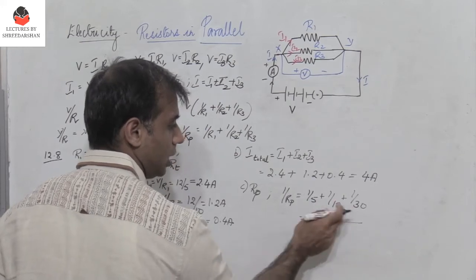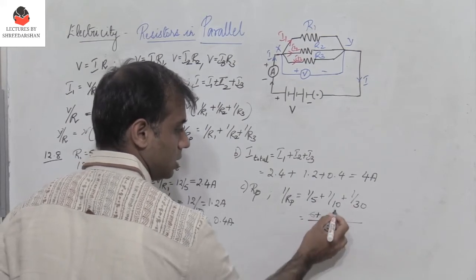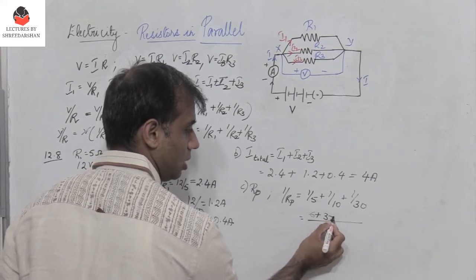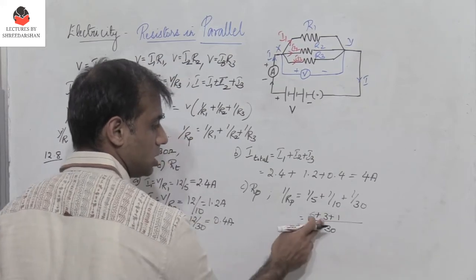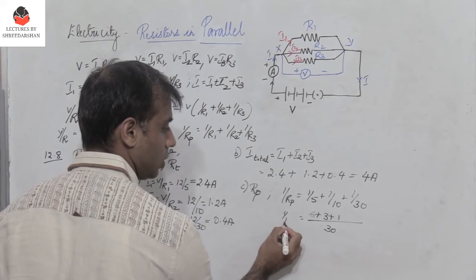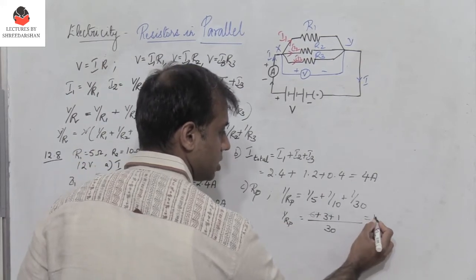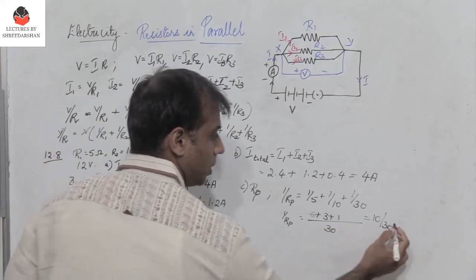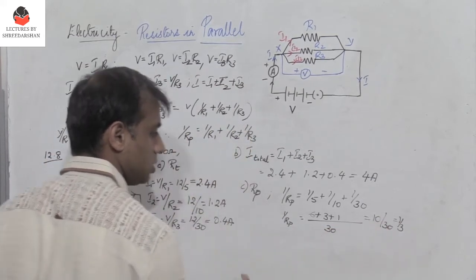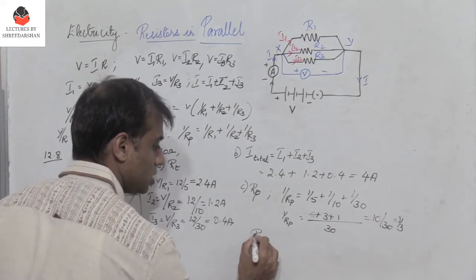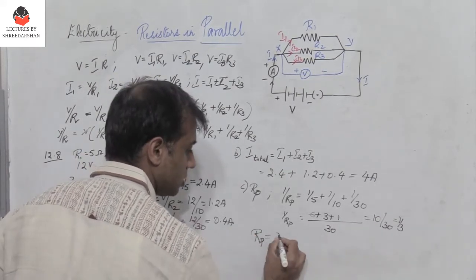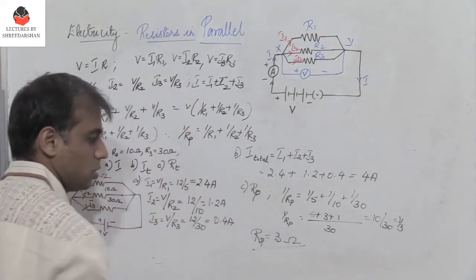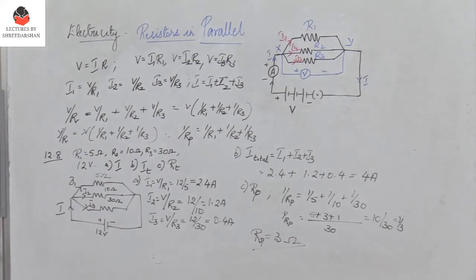Because 30 by 5 is 6 plus 30 by 10 is 3, 30 by 30 is 1. So 6 plus 3 plus 1 is 1 by Rp. So this is 10 by 30. So 10 by 30 is 1 by 3. So 1 by Rp is 1 by 3. What is Rp? You take the reciprocal, it is equal to 3 ohms. So this is the equivalent parallel resistance of all these three resistors, of course connected in parallel.